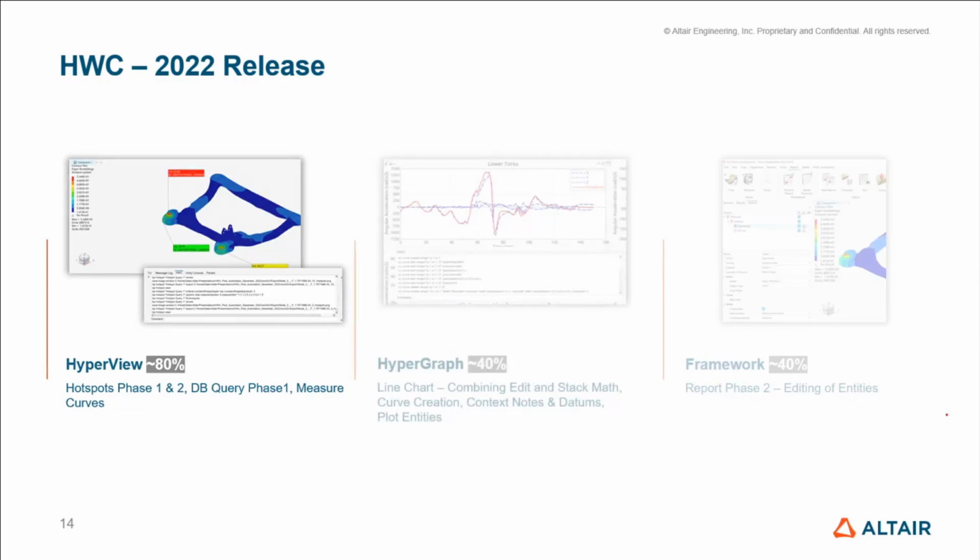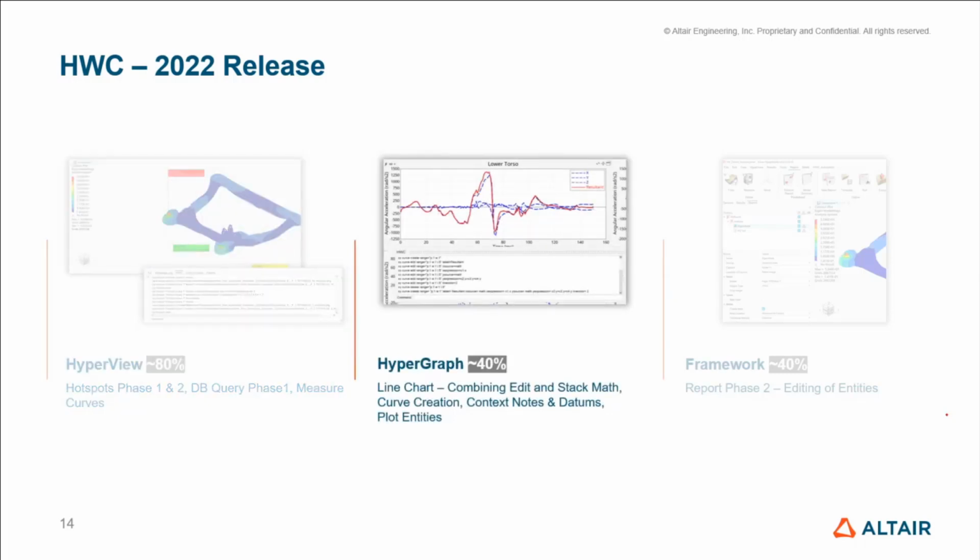On the HyperGraph side, we have reached 40% of coverage in 2022. And you will see how you can create a curve, how the functionality from the right-click context menu, edit and stack math have been combined, and this has been reflected in HWC and is fully supported and recorded.